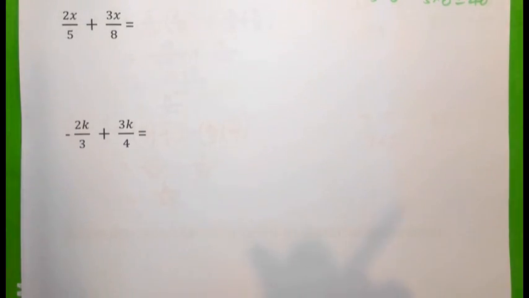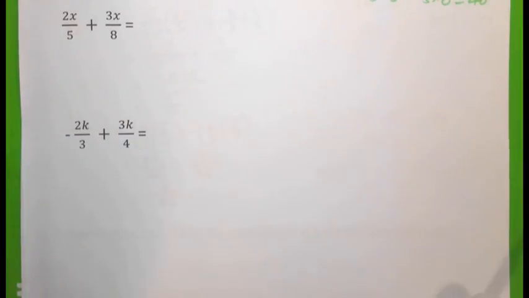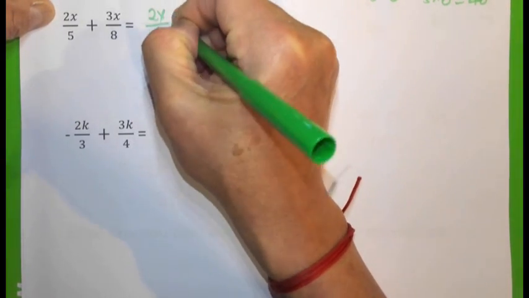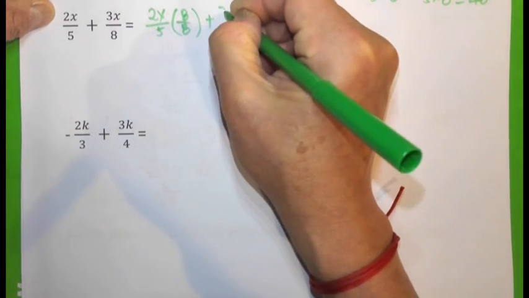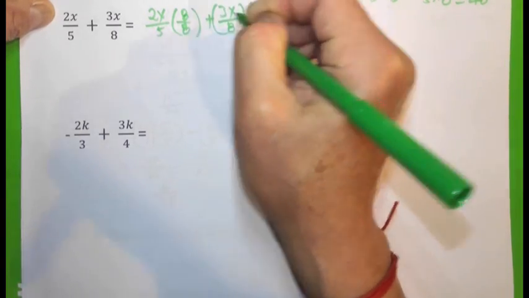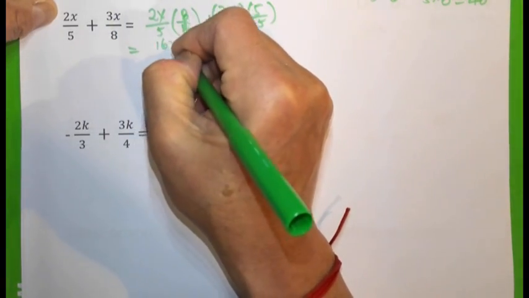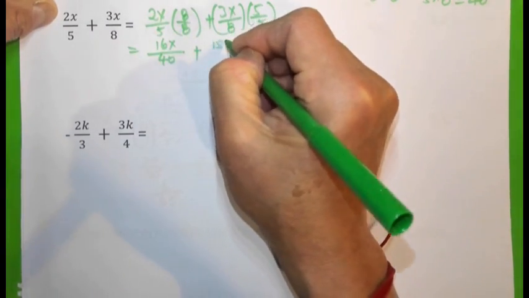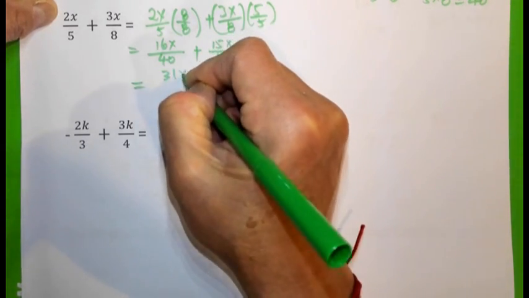So, rewriting 2x over 5 and 3x over 8 using the lowest common denominator, 2x over 5 multiplies by 8 over 8, plus 3x over 8 times 5 over 5. That gives you 2 times 8 is 16x over 40 plus 15x over 40. Therefore, that's 31x over 40.